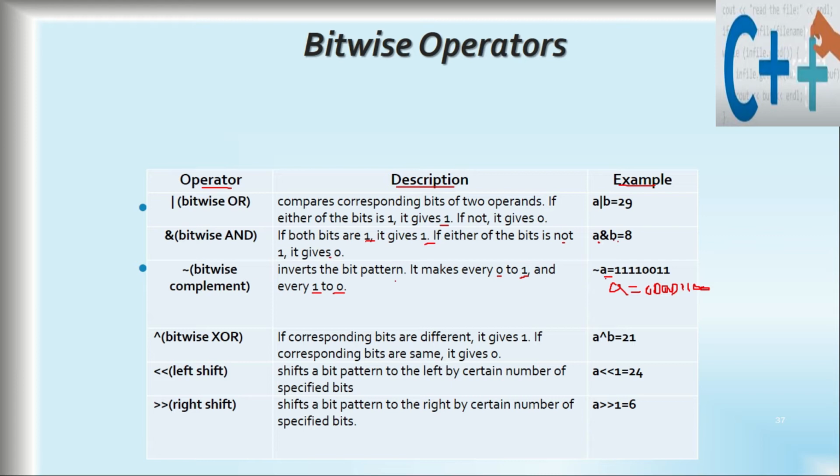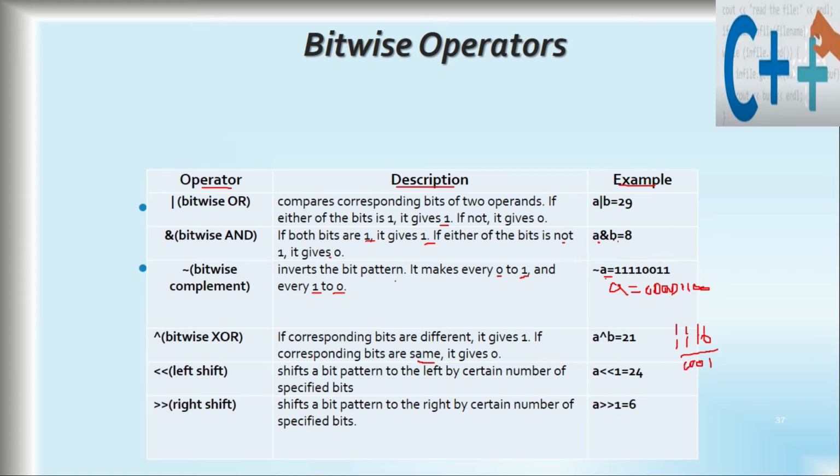If bits are different, it gives 1, meaning opposite.